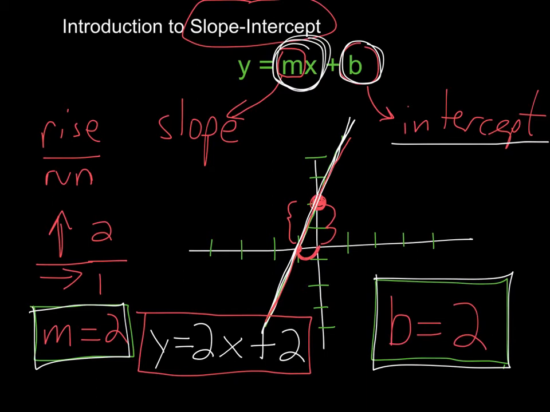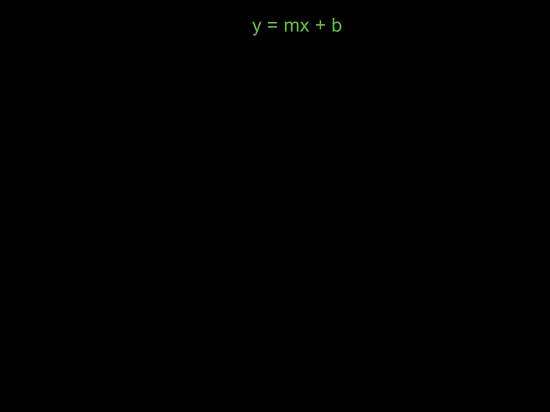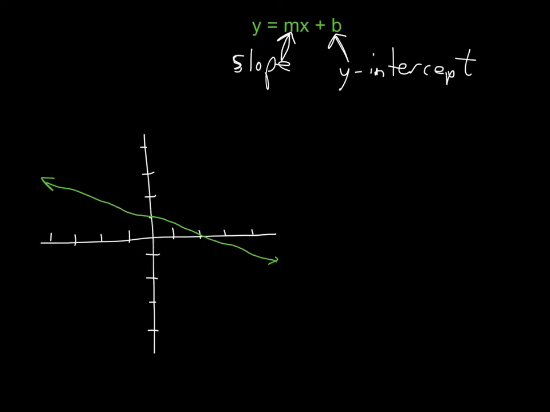Let's do one more example. So let's recap. We're trying to figure out what m is, the slope, and what b is, the y-intercept, where it crosses the y-axis. So let's take a look at this line.